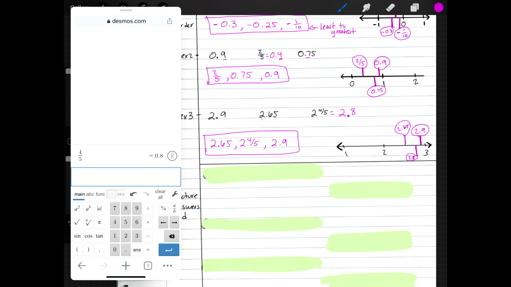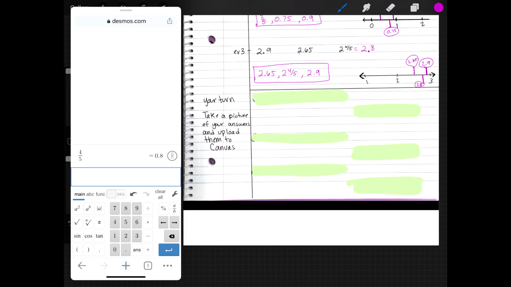Okay. All right. So for your turn, you're going to copy these sets. So this is number 1, and then I made you a little number line in case you didn't know what numbers to choose. You can use that number line. Okay. Set them from least to greatest. Okay.